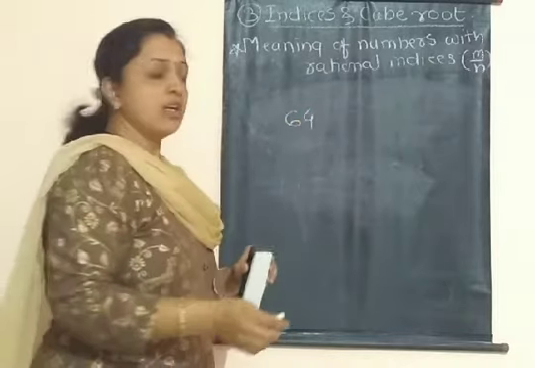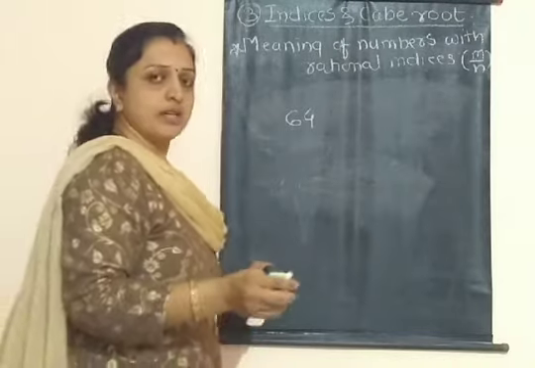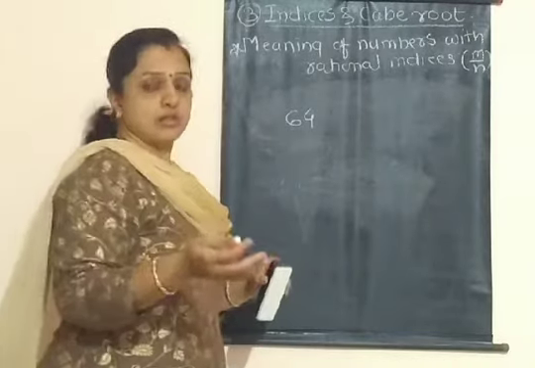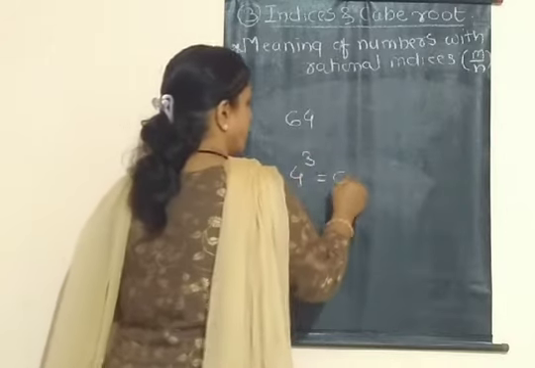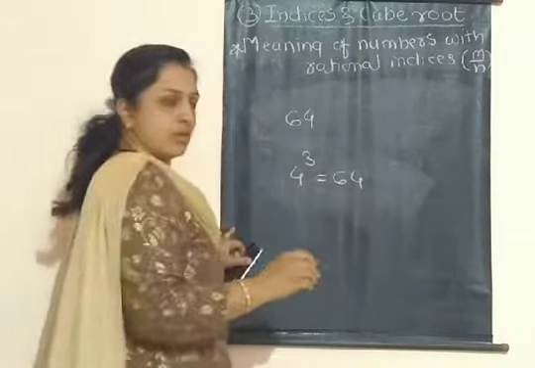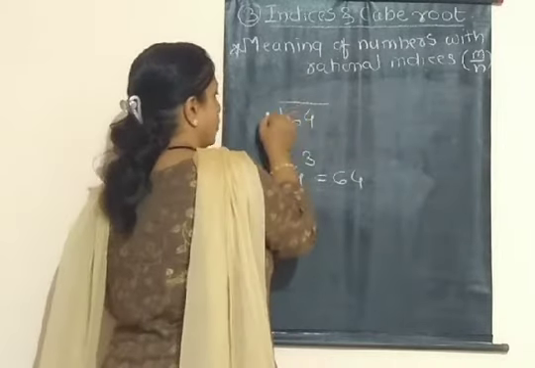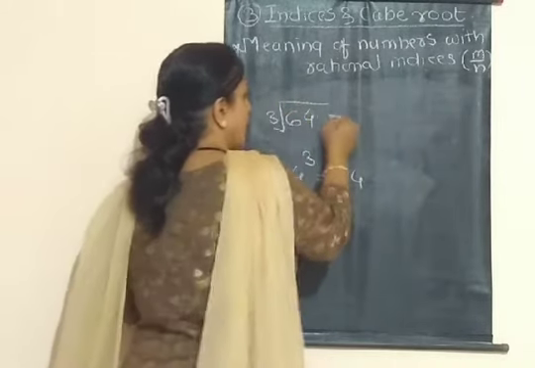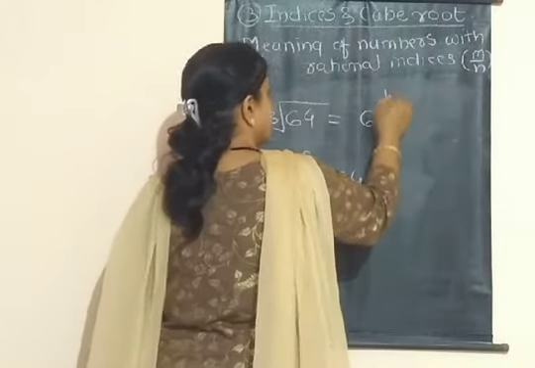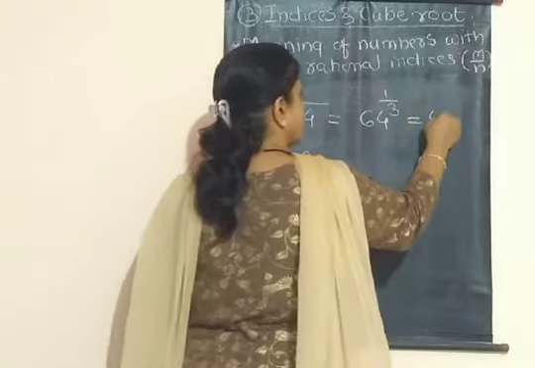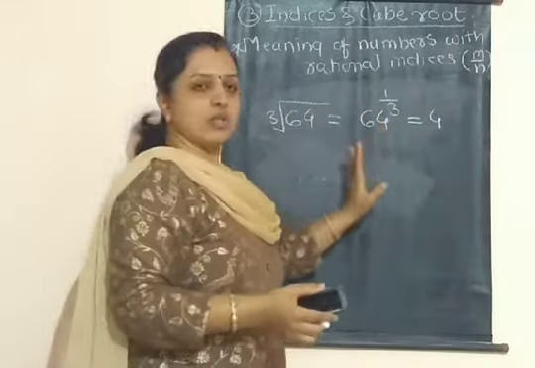We know that the cube root of 64 is 4, because the third power of 4 is 64. So the cube root of 64 is equal to 4, and this cube root can also be written as 64 raised to 1/3, which is equal to 4.